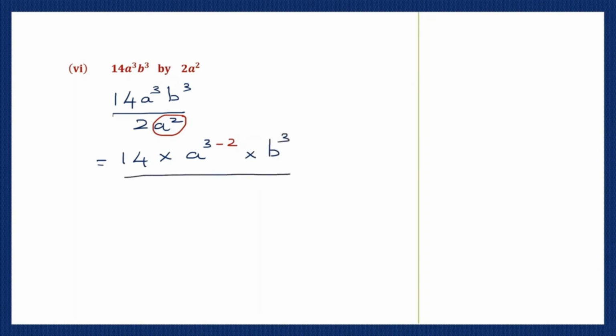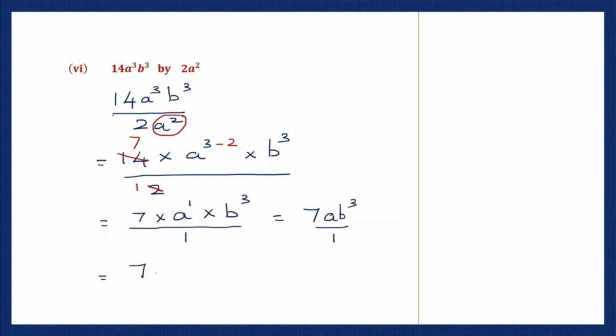So in the denominator, since we've already removed a square, I have only the number 2. Now let's cancel what we can. So 2 ones are 2, 2 sevens are 14. So what do I have here? 7 into a to the power of 3 minus 2 is 1, into b to the power of 3, and in my denominator I have only 1. So it becomes 7ab cubed by 1, and the final answer is 7ab to the power of 3. So this is my final answer.